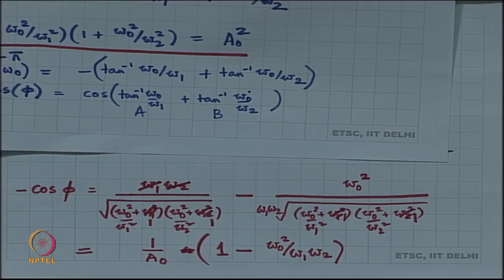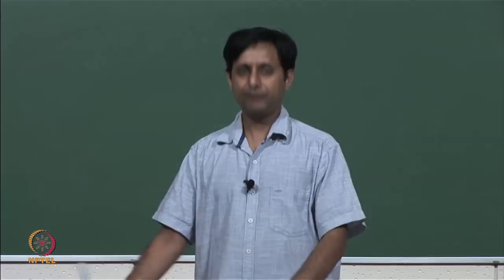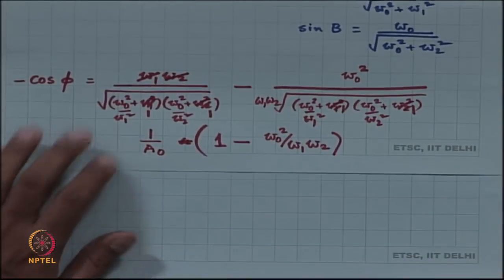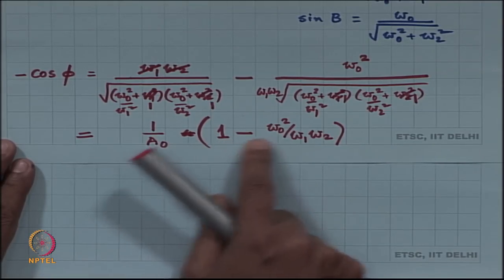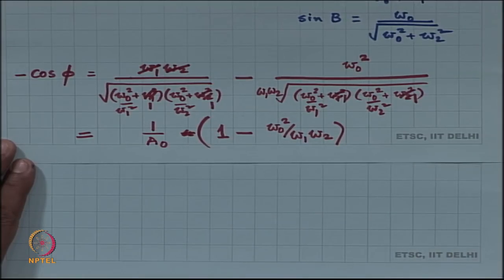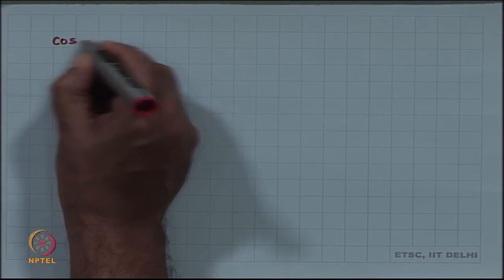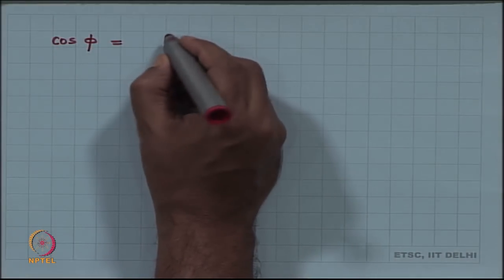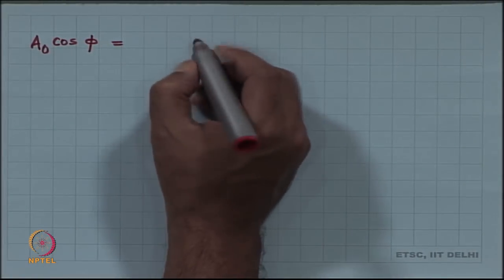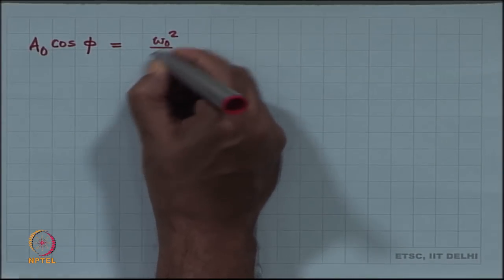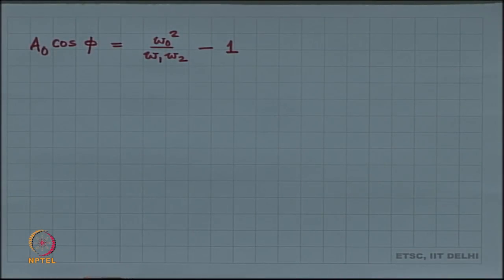Is this okay? So, this is it. So, if I want the phase margin to be an angle phi, then minus cos phi has to be equal to 1 by A naught times 1 minus omega naught squared by omega 1 omega 2, or you could rewrite this as A naught cos phi has to be equal to the following.